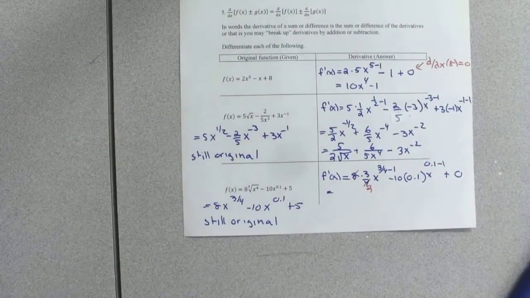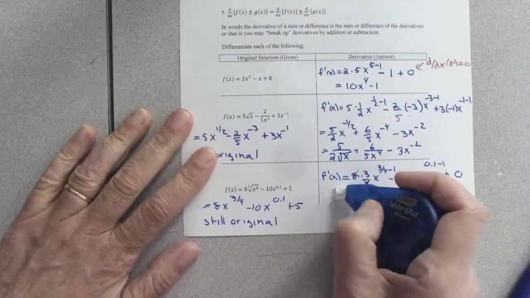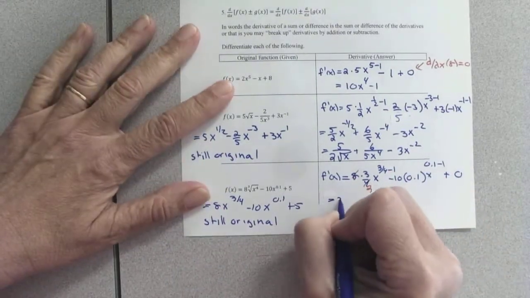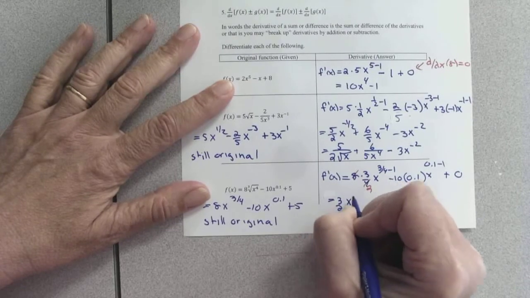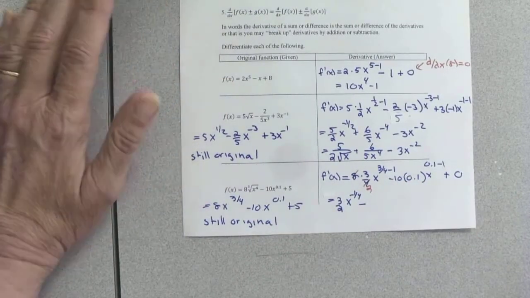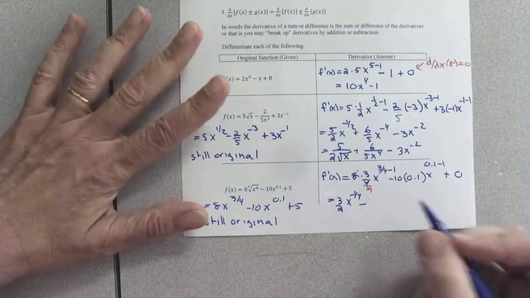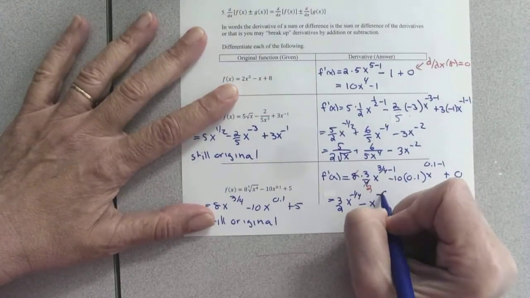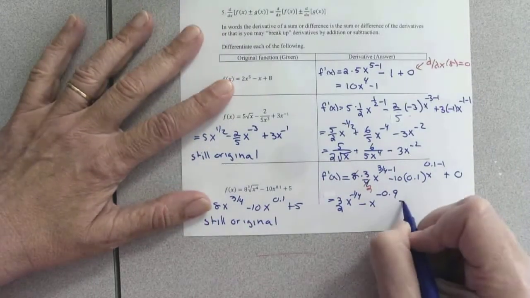The 8 and the 4 cancel, leaving 2. So we've got 3/2 x to the negative 1/4. And then 10 times 0.01 is just 1, so I'm just going to write minus x to the negative 0.9.